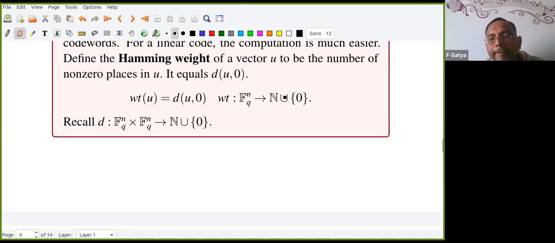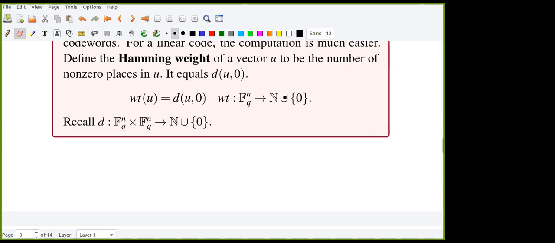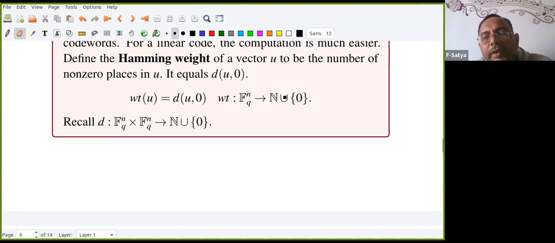Somebody can help me. Natural numbers I'm considering as 1, 2, and so on, right? Why did I write N union 0? Rutuja? Sir, can you repeat the question? The question is that I wrote weight is a map from F_q^n to N union 0, right? Why did I include 0 as well?